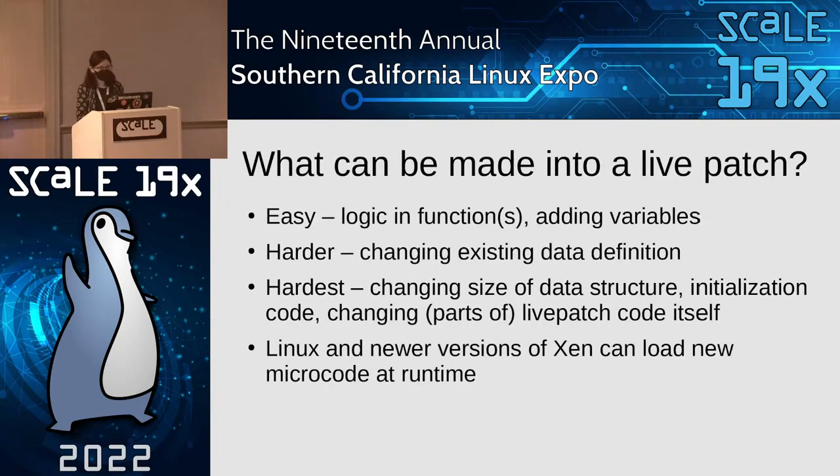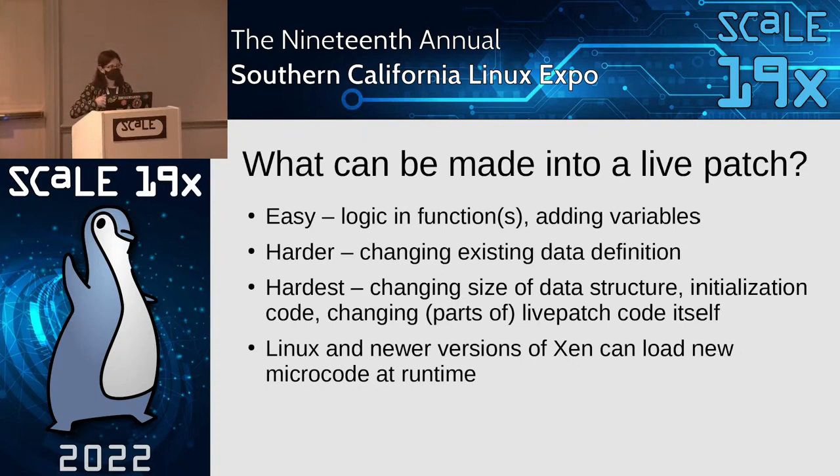Then there's a question of what can be made into a live patch. Again, this may vary between different implementations, but I think that at the base, the basics are generally all the same, what is easy and hard. What I found to be easy was changing just the logic within a function.